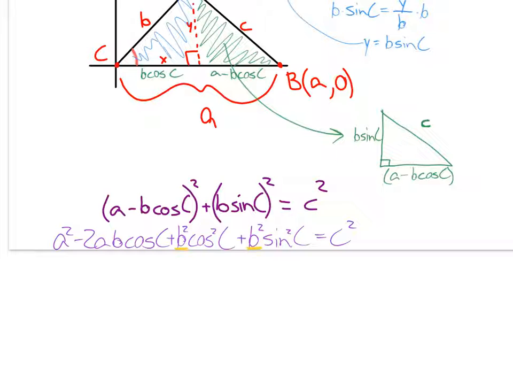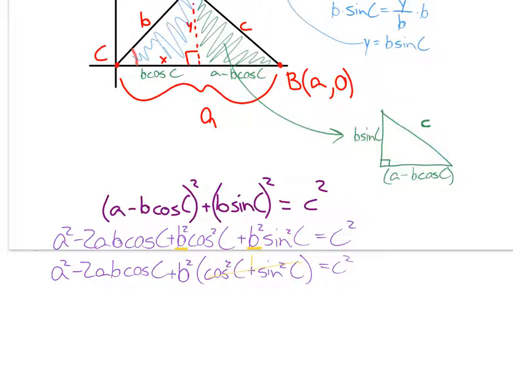Alright, so I can factor out a b squared, and look, we've got cosine squared C plus sine squared C. See, these identities don't go away. They're really useful all the time, in a lot of different cases. Because cosine squared C plus sine squared C equals 1. Yep, that's 1.